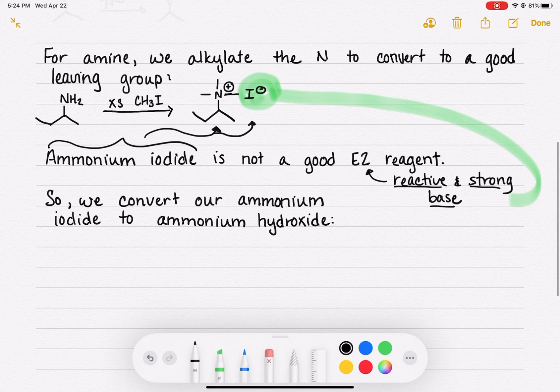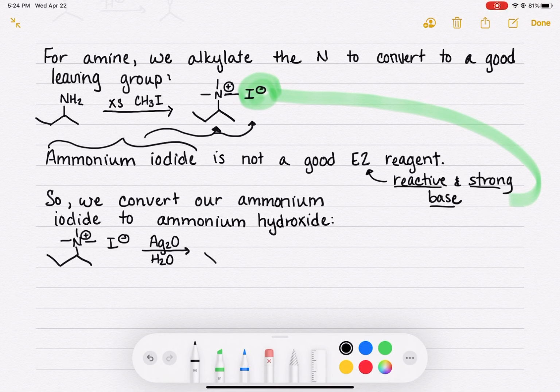And that's a very simple conversion. So I'm going to bring back our alkylated ammonia with the iodide ion. And all that we are going to do with this is add silver oxide, and this is going to be with water.